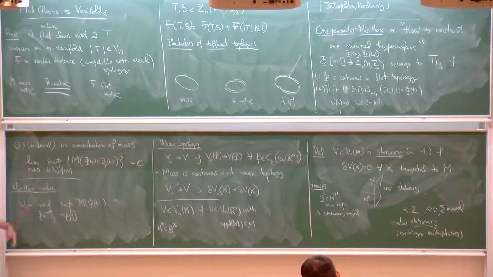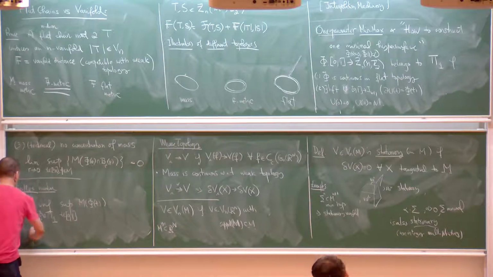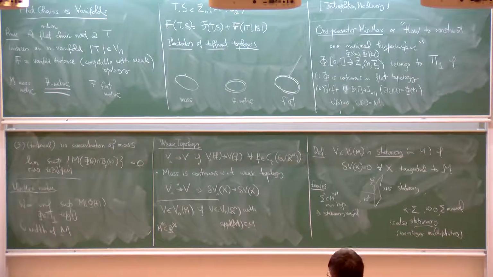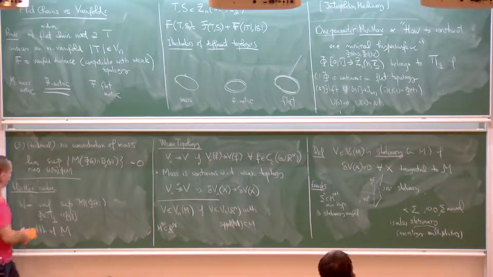So this is my minimax number, which is sometimes called the width of M. This is the least amount of area that you need to be able to sweep out your manifold.